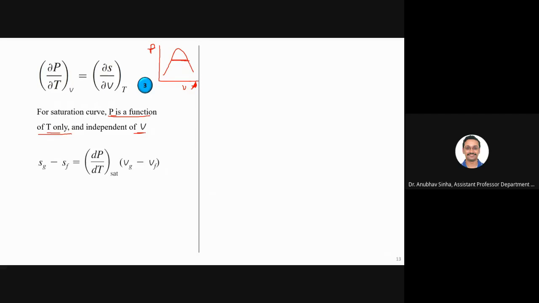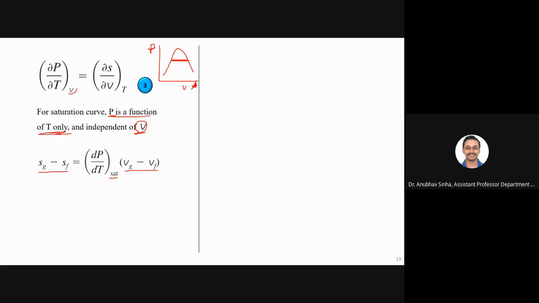If this is true, then I can write Sg minus Sf, which is the difference between the gas phase entropy and the liquid phase entropy, as dP by dT saturated times delta V, in terms of gas phase and liquid phase. What we have done here is we know that del P by del T is equal to del S by del V at constant temperature. Now we have stated that pressure is a function of temperature only. It is independent of V inside the saturated dome, inside this region.